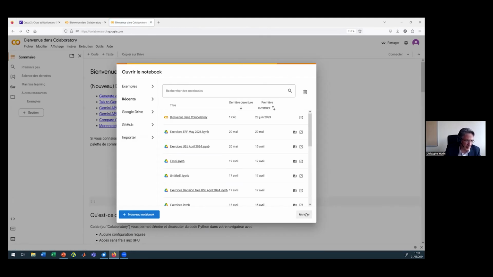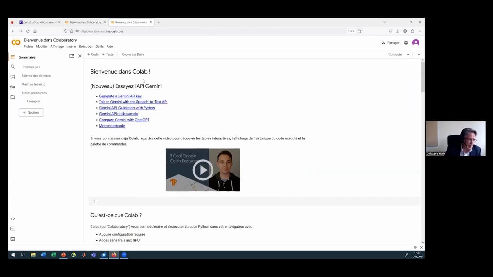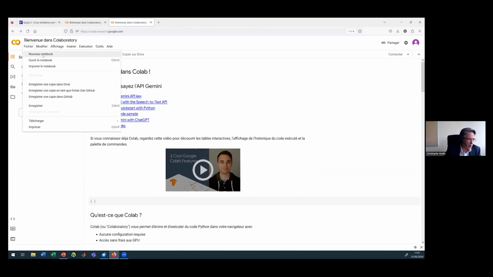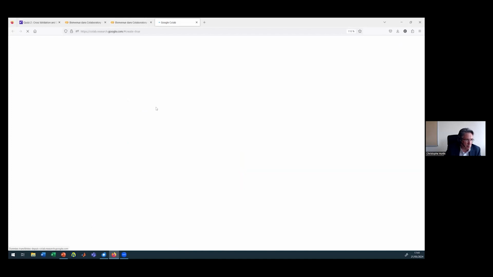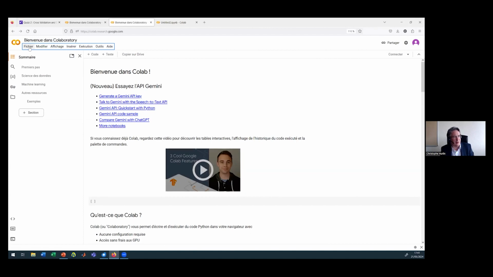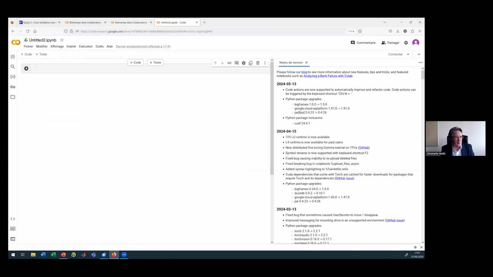Let me start, for instance, with a new notebook. If I want to write a new notebook, I click here on File. This is in French here, but I think that you will understand.